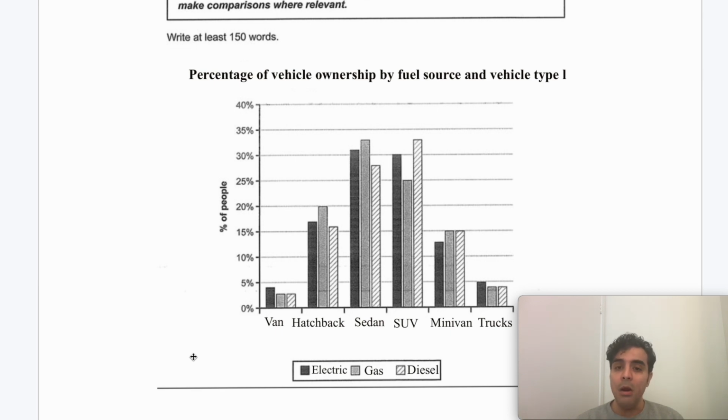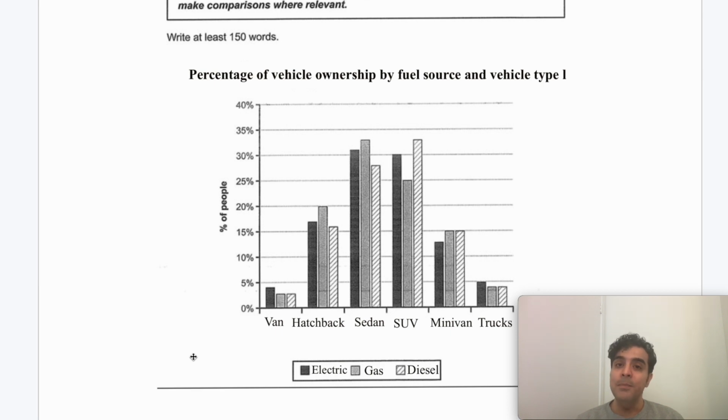Rather, here we're more interested in comparisons. So we can look at the chart and we can say that, for example, the category of cars which most people owned were sedans and SUVs. There were more people who owned sedans and SUVs than those who owned vans, trucks, minivans, or hatchbacks.